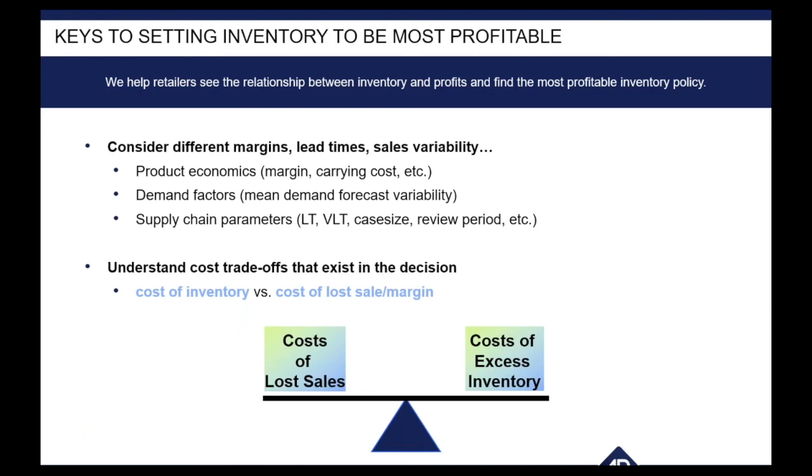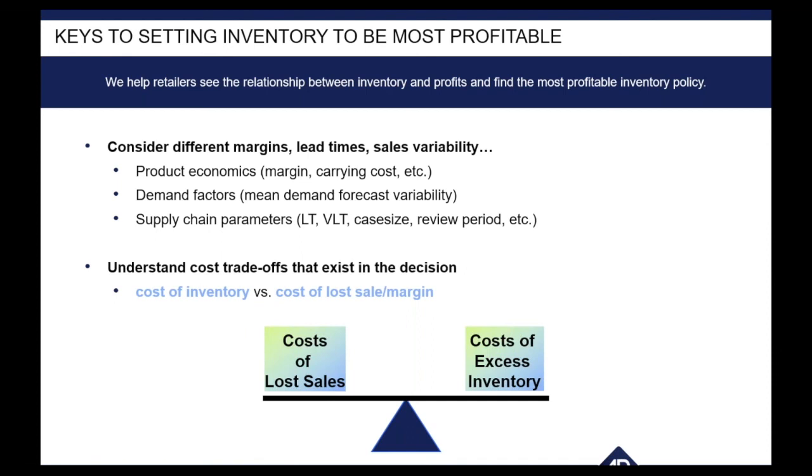There are really three areas of ingredients or inputs that we have to consider when we try to make profit optimal inventory decisions. One is the economics, of course, because this is all about layering the economics to achieve the optimal outcome. So whether it's the margin of the product per se, or the carrying cost, obsolescence, and so forth.